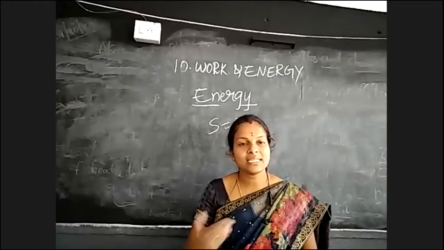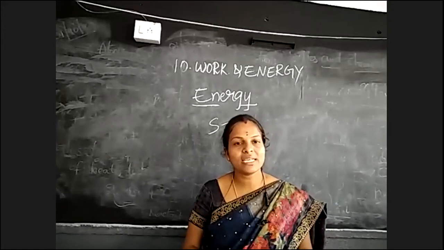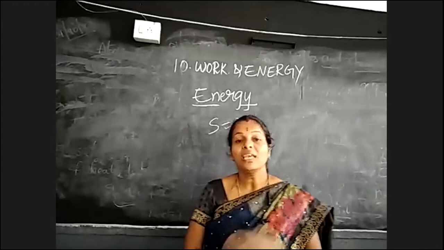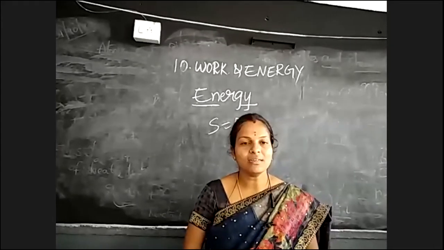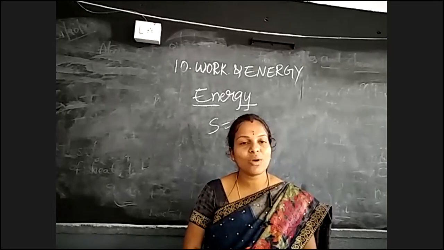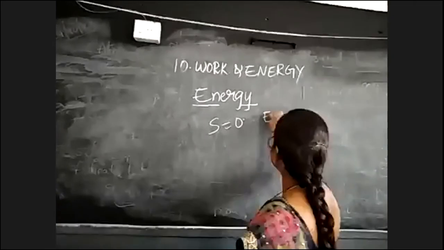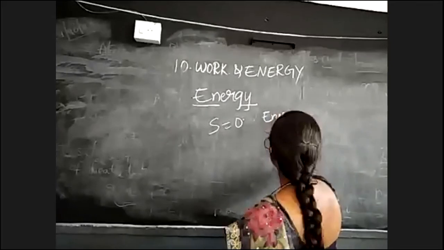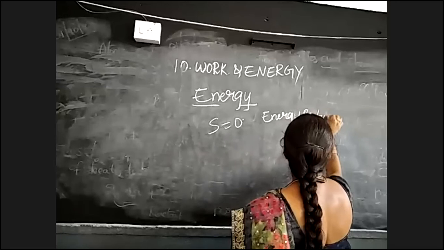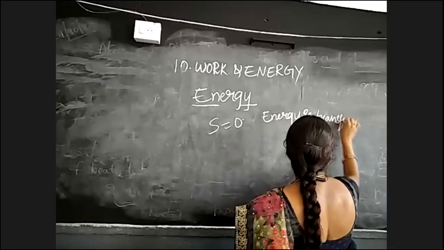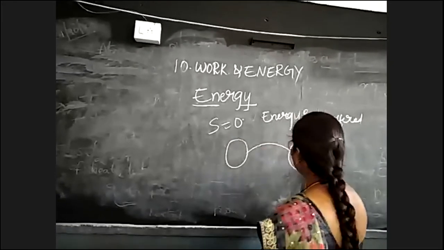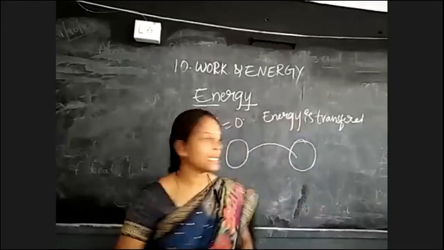So if work is done and energy is lost, we will think that it is transferred into the work. Even if the work is not done, where is the energy going then? Means energy is transferred from one object to another object.